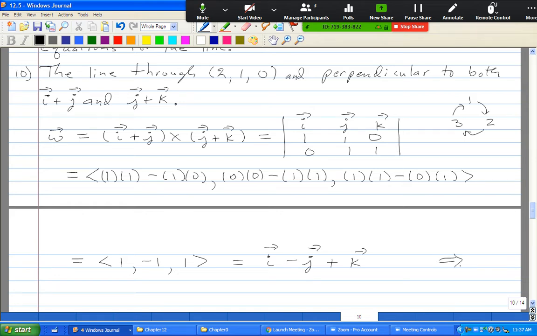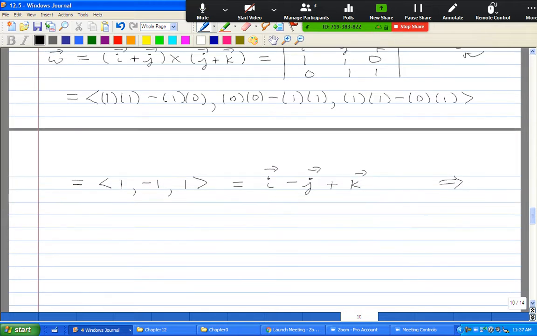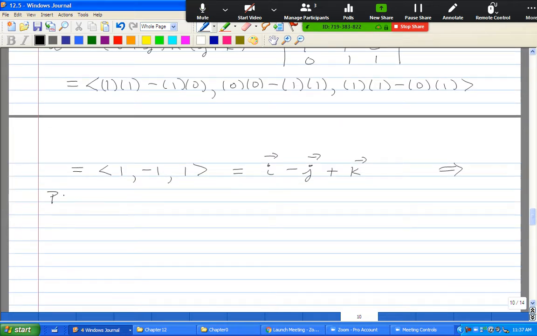Okay, so that is a vector in a direction perpendicular to these two original vectors. So let's do the parametric equations.